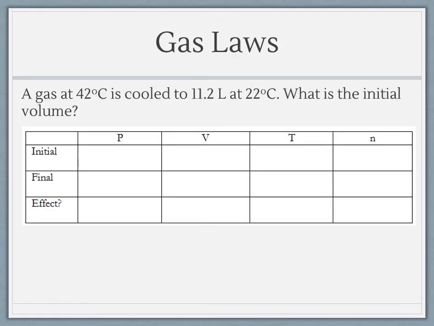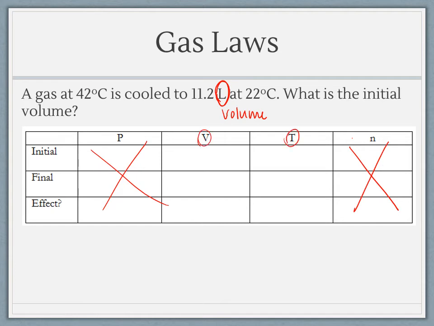All right, next question. A gas at 42 degrees Celsius is cooled to 22 degrees Celsius and has a volume of 11.2 liters. What is the initial volume? For this one, I am not changing pressure, and I'm not changing amount, so I'm just looking at temperature and volume.